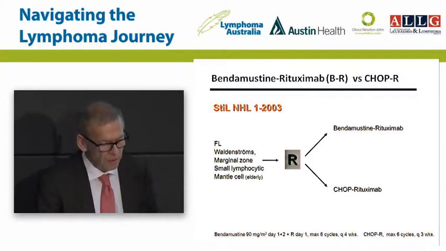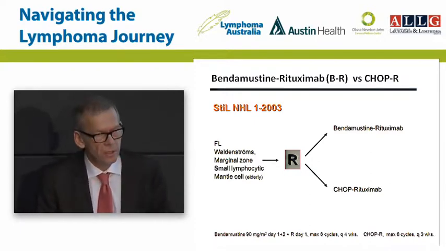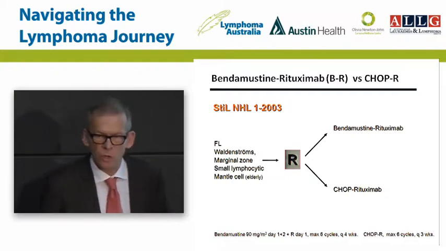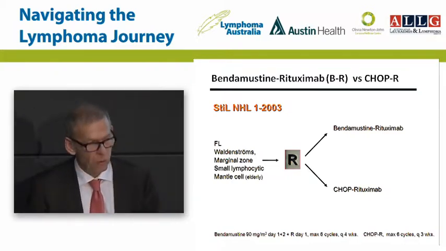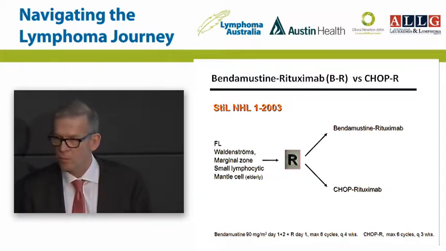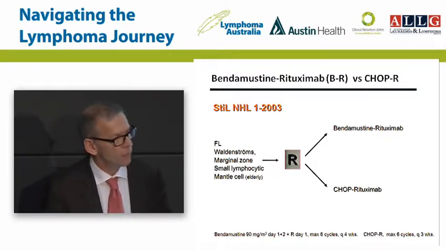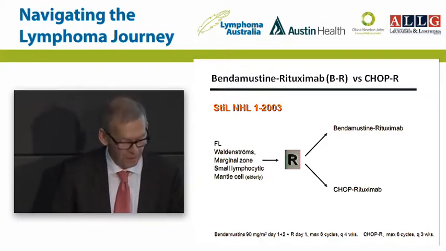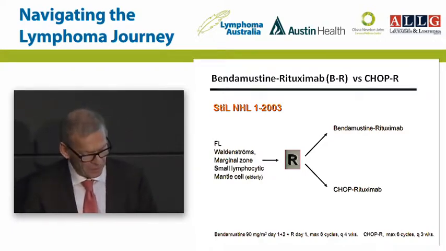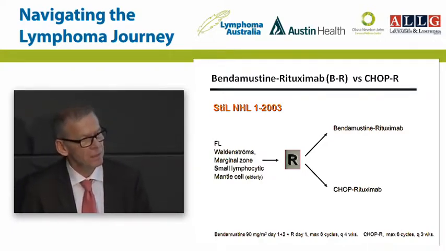And one drug that has recently challenged the combination of CHOP, I told you CHOP is the gold standard for most of these lymphoma. There is a new drug, which is a rather old drug, developed in East Germany before the Iron Curtain came down. It's called bendamustine.